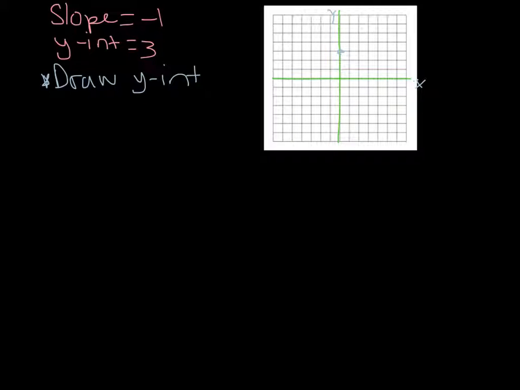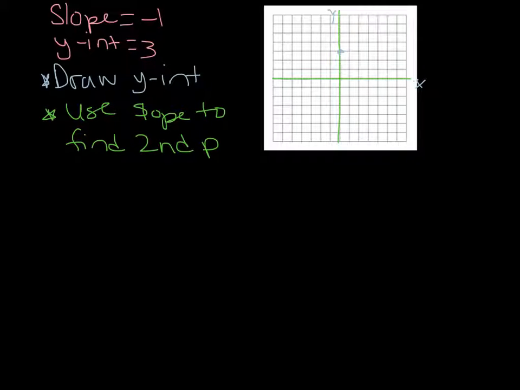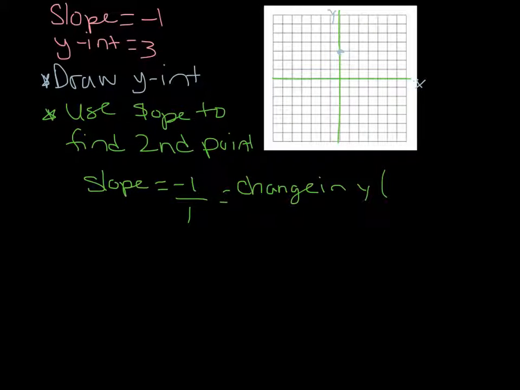My slope, remember, you're going to use the slope for the second point. So my slope is, once again, change in y over change in x, and it is negative 1. Do not forget to make it a fraction. And remember, the change in y is the amount we go up or down.